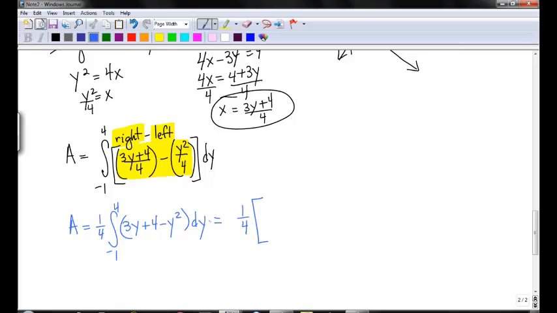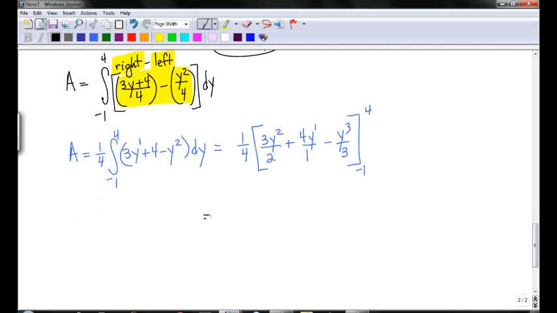Figure the antiderivative. Add 1 to the exponent and divide by the new exponent. So it's 3y squared over 2 plus, add 1 to the exponent, divide by the new exponent, and then add 1 to the exponent, divide by the exponent. And it's from -1 to 4. Leave the 1/4 out front of all of it.